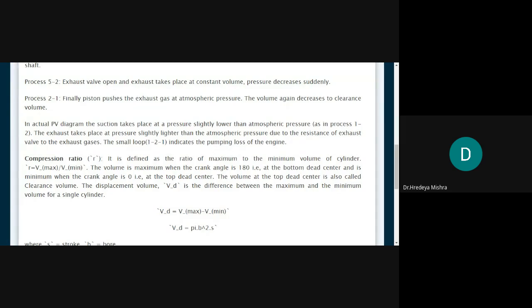Now, compression ratio r is defined as the ratio of maximum to minimum volume of the cylinder. r equals V max divided by V min.